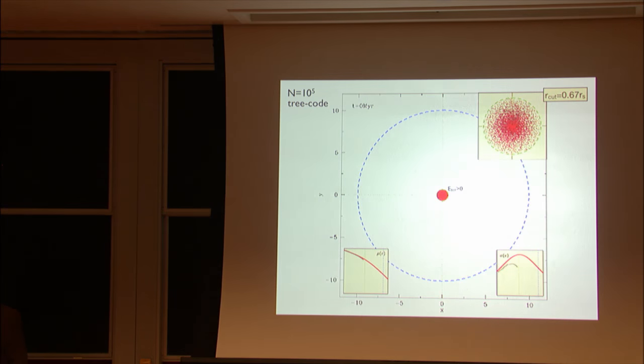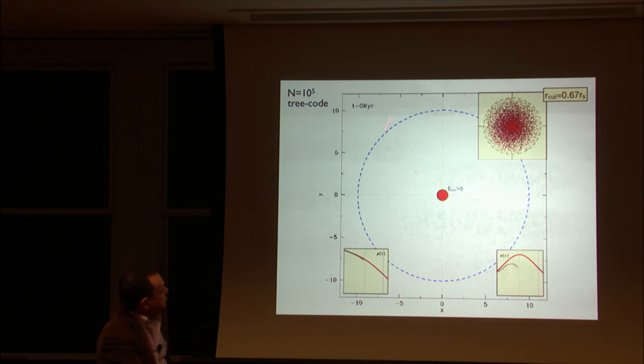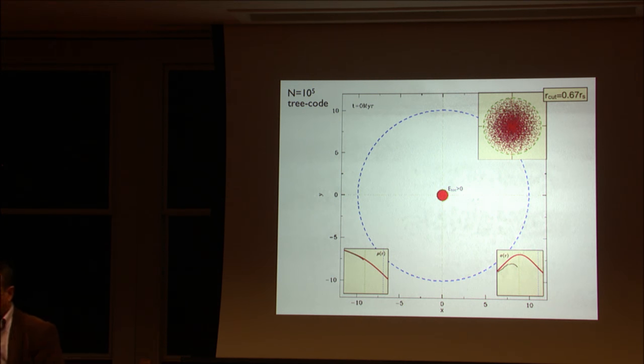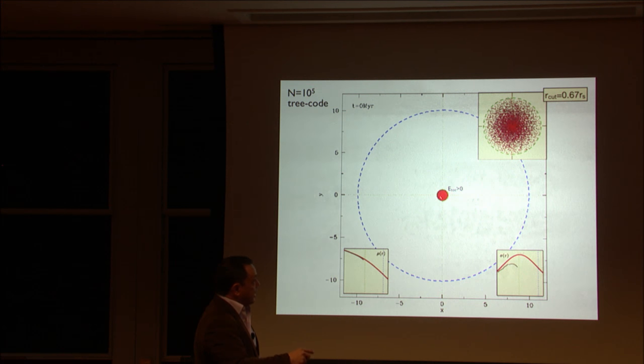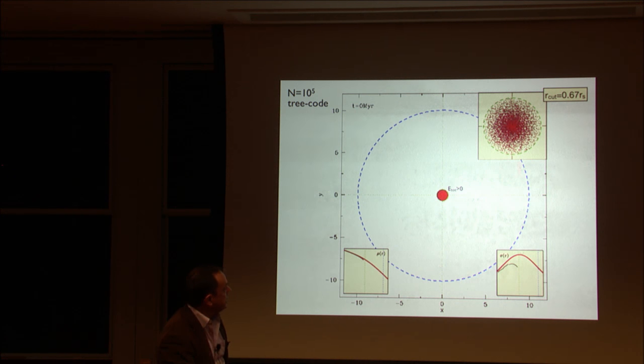So here's a simulation. Here is the original NFW halo, but I've stripped instantaneously everything down to this little radius here, which corresponds to 0.67 times RS. You can verify for yourself that indeed the total binding energy of this stuff is positive. So let's run it. Here's a zoom in on the center.